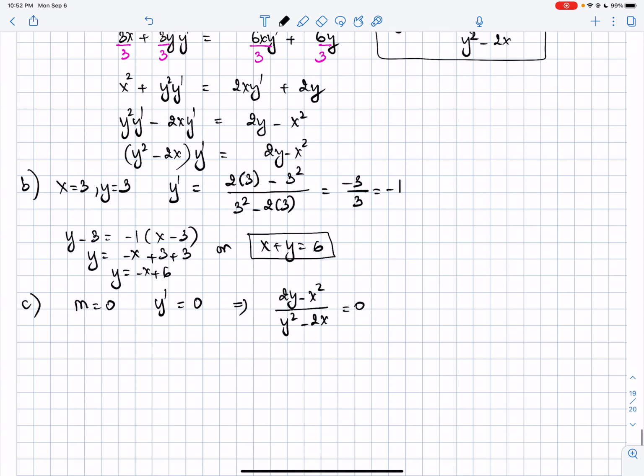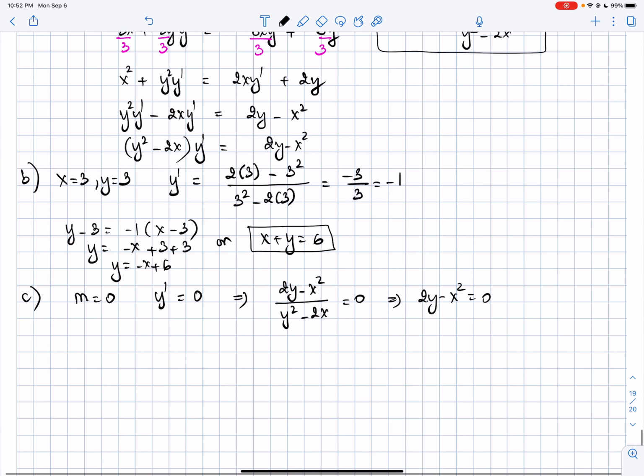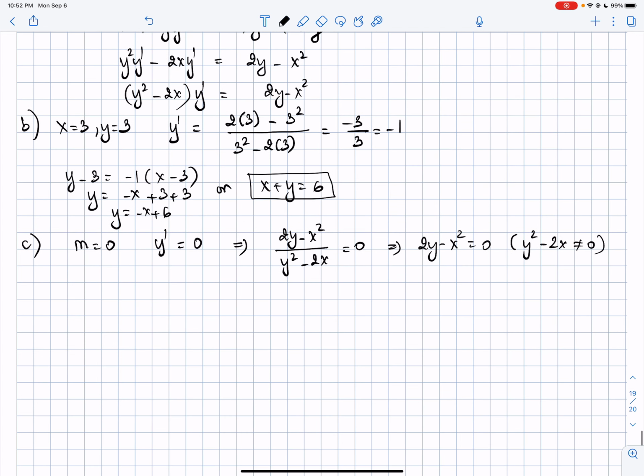For the fraction to be 0, the bottom has to be not 0 and the top must be 0. And with the condition that y squared minus 2x not equal to 0. Then I will solve for y. I will get 1/2 x squared.